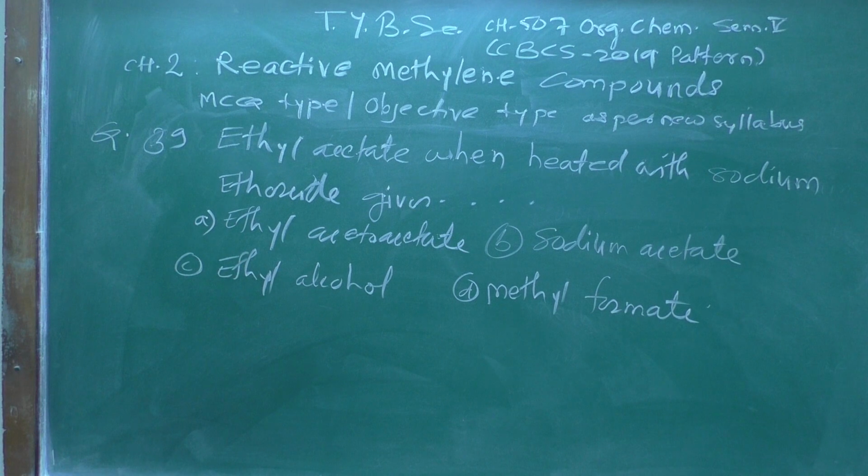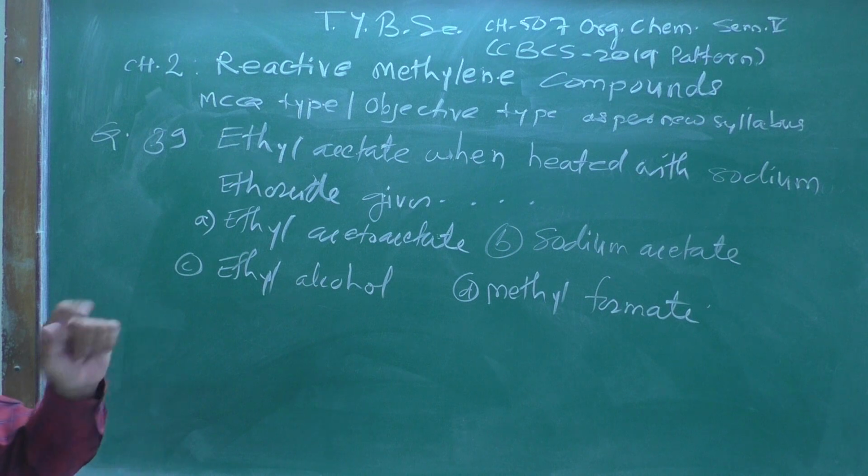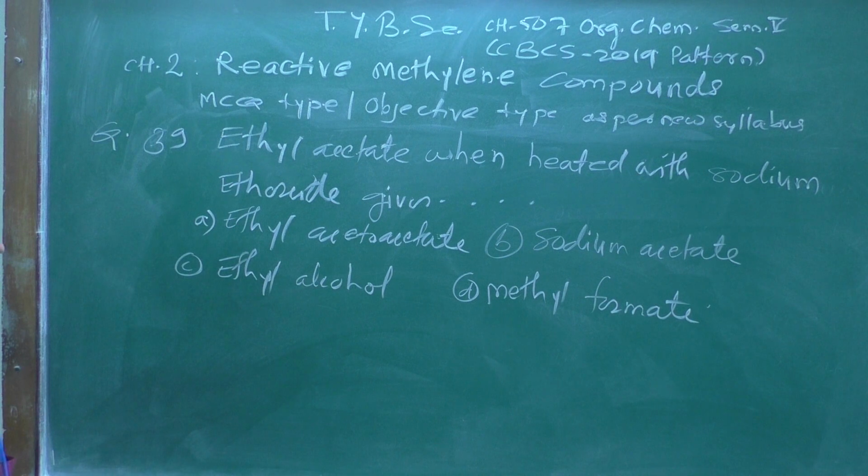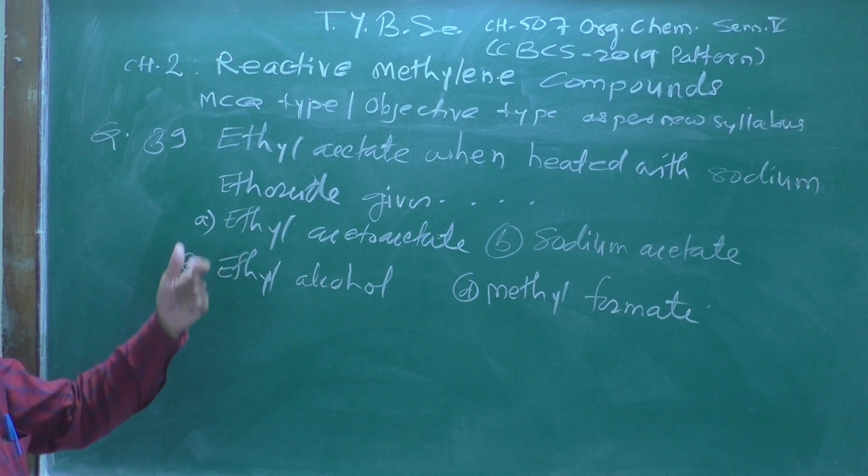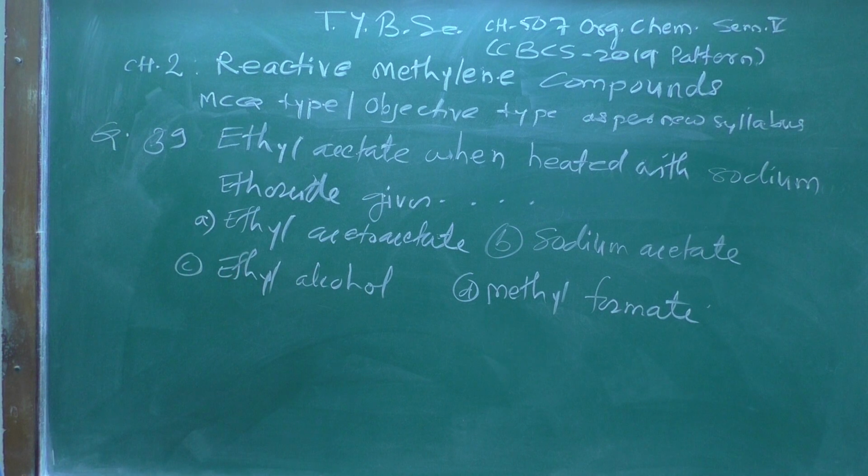Read the question carefully. Ethyl acetate when heated with sodium ethoxide gives dash dash, and the options are: ethyl acetoacetate, sodium acetate, ethyl alcohol, methyl formate.